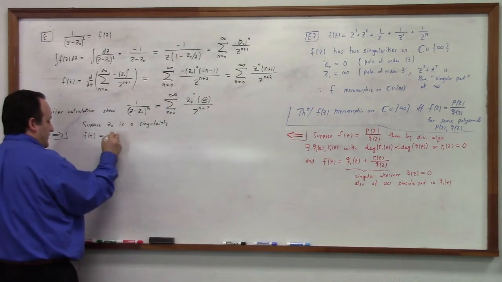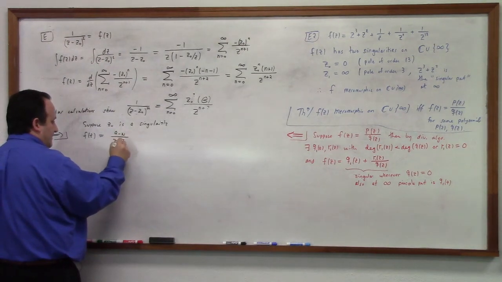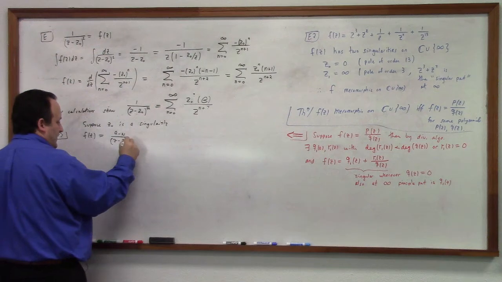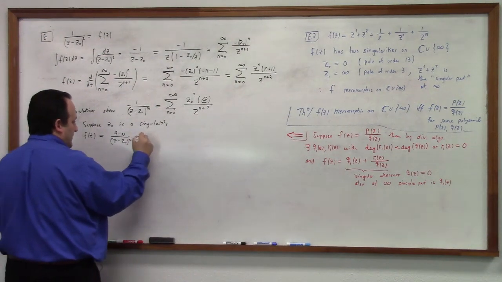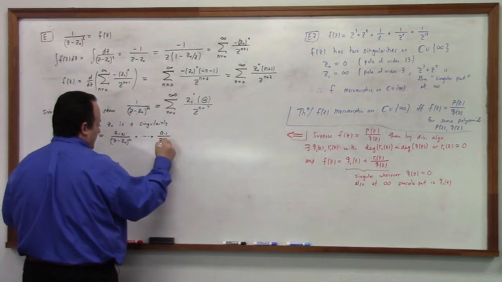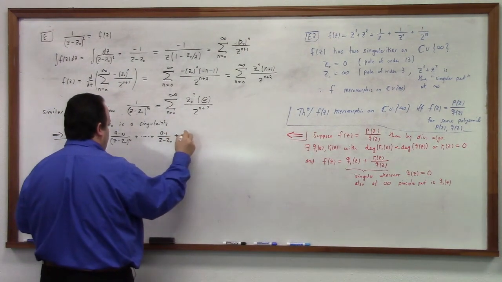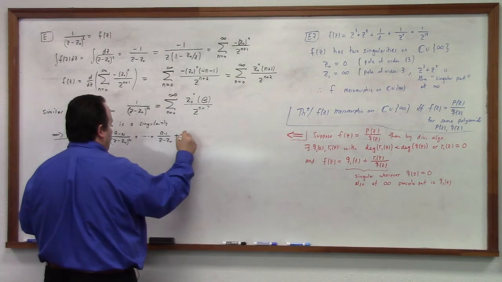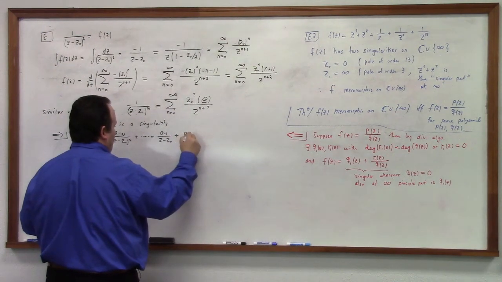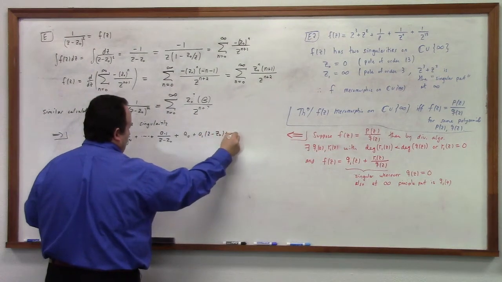Then f of z is a sub minus n over z minus z naught to the n, plus dot dot dot, plus a minus 1 over z minus z naught, plus a0 plus a1 times z minus z naught plus dot dot dot.